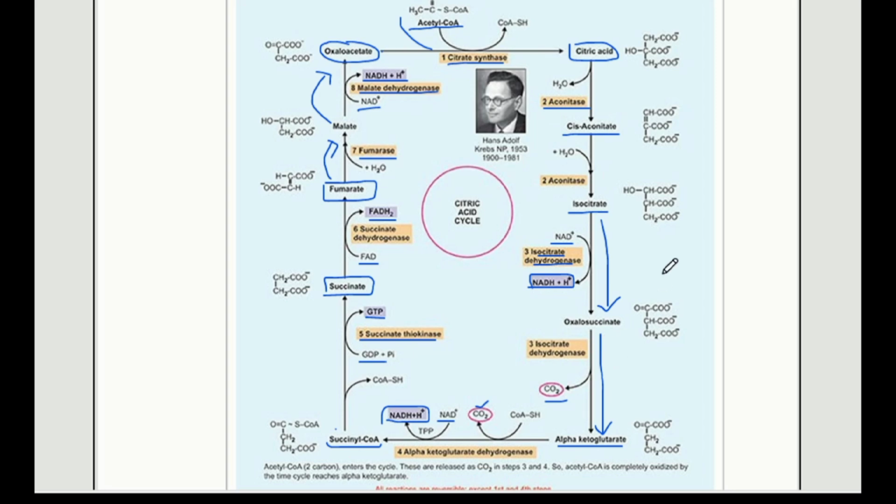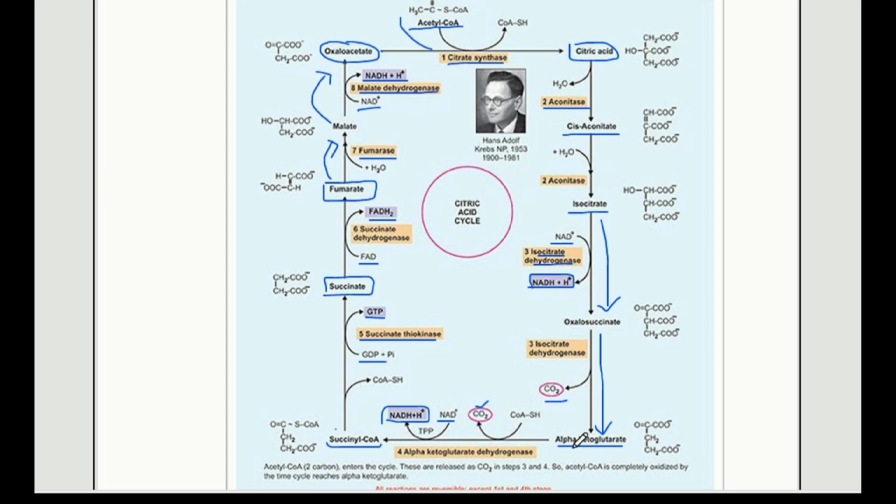So if you can appreciate, you can see that where the NAD plus is converting into the NADH plus H plus, that enzyme is always a dehydrogenase enzyme. Here, when isocitrate is converting into the oxalosuccinate, NADH molecule is producing, and the enzyme is isocitrate dehydrogenase.